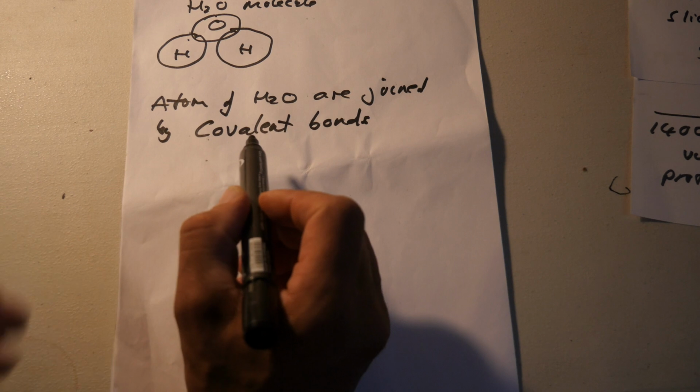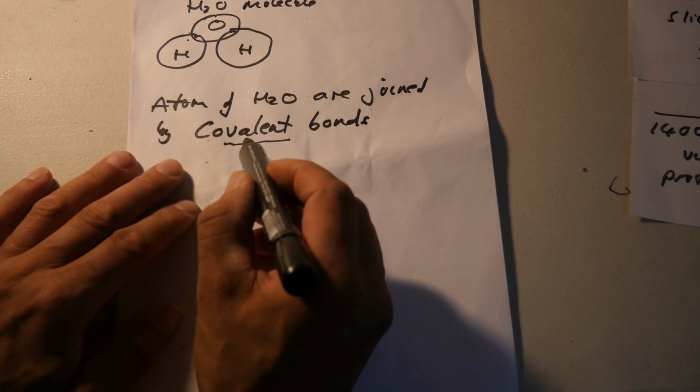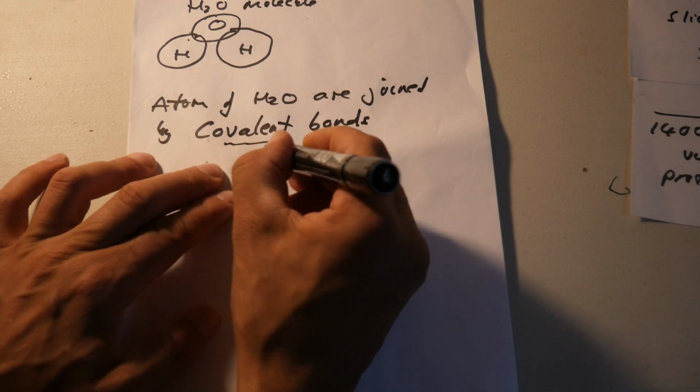The reason it's called covalent, the word valent actually refers to the valence electrons, which are outer shell electrons, okay?